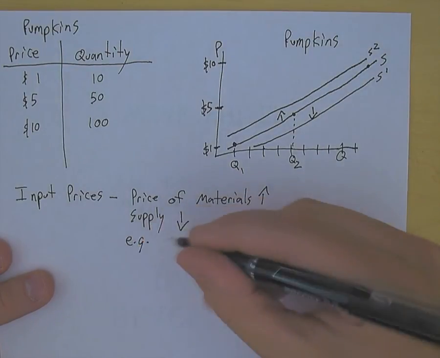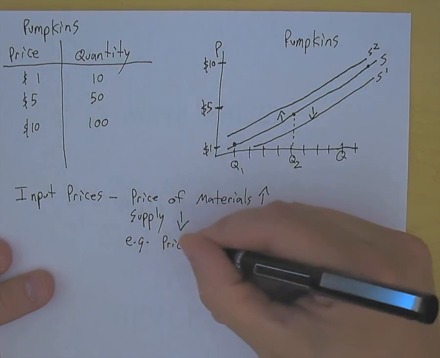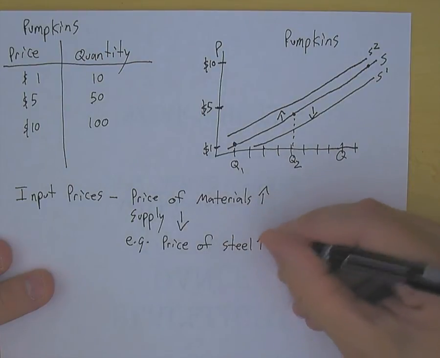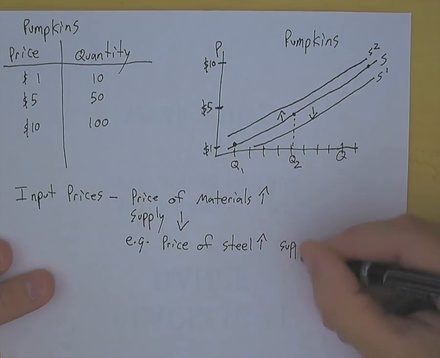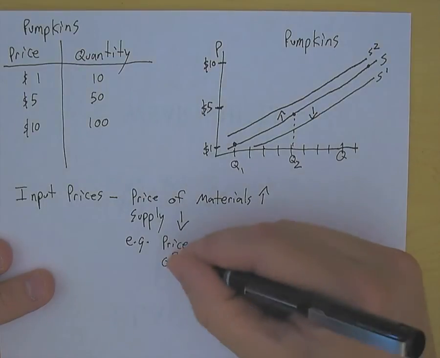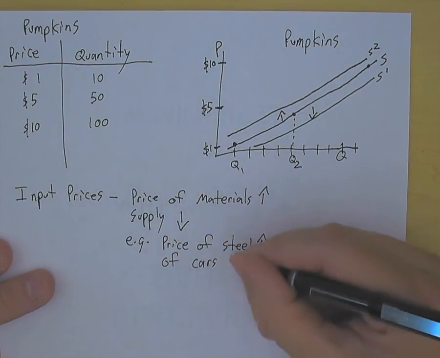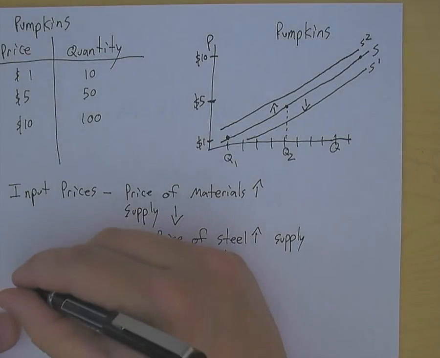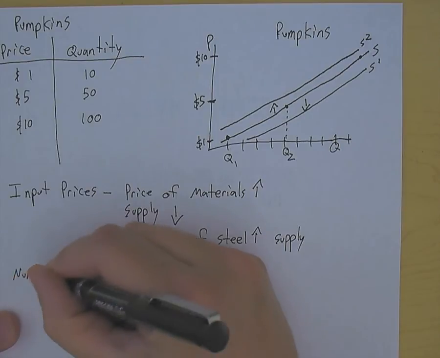Example on this. Price of steel goes up, supply of cars goes down. If it's more expensive for the seller to make, they're going to be supplying less at every price point.